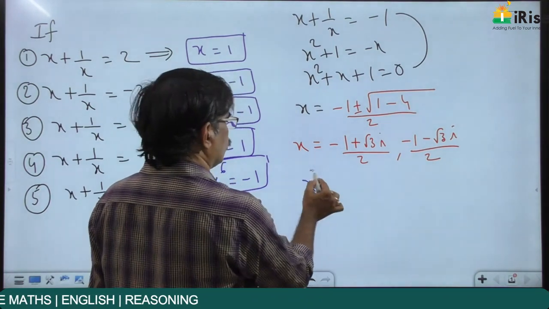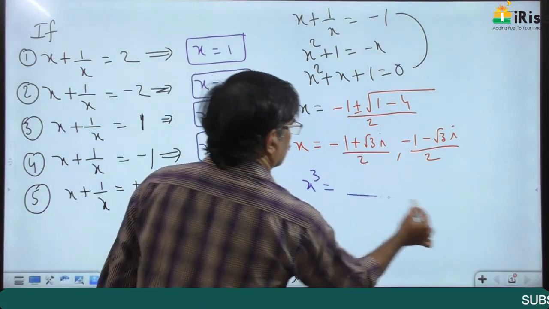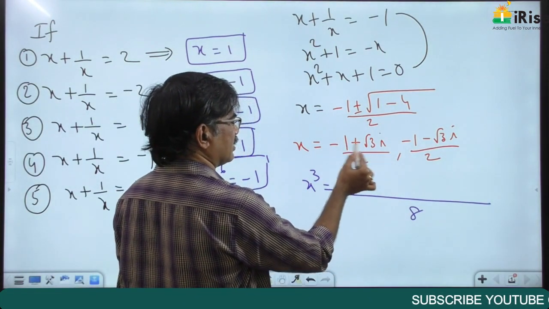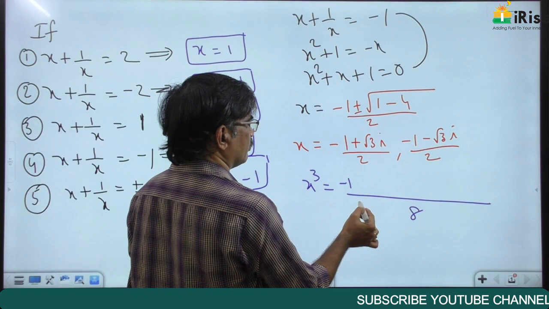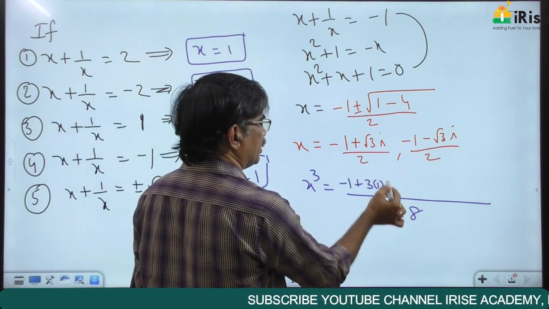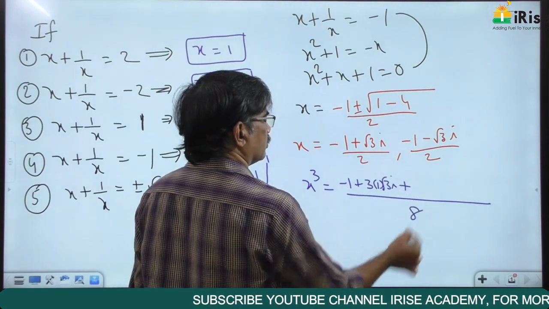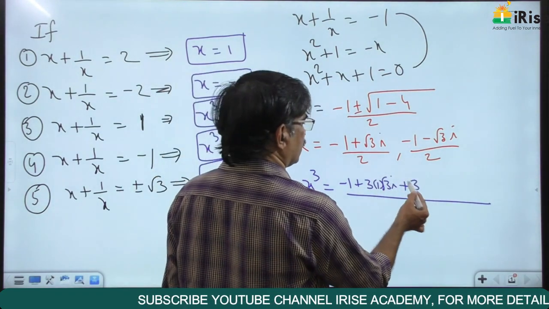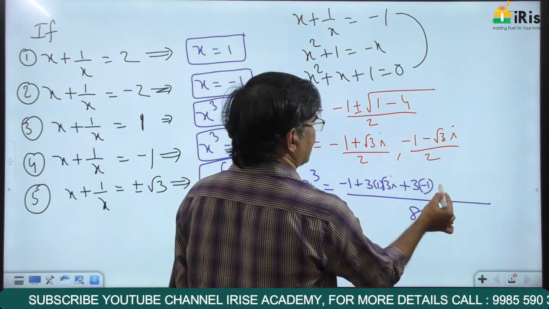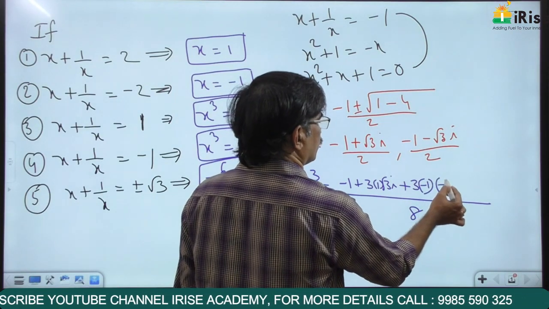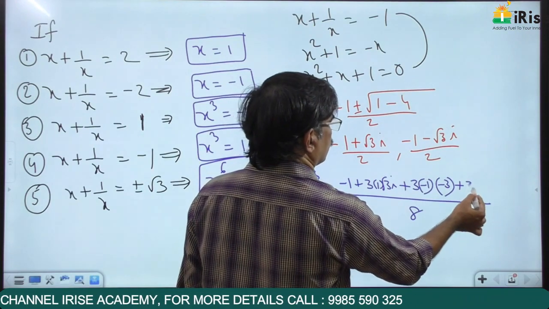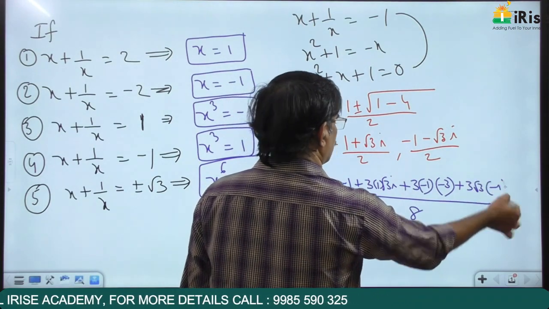If you find x cube, okay, (a plus b), consider this as a, this as b, a cube plus 3a square into 1 into b, root 3i, 3ab square, 3 into a minus 1 into b square is nothing but 3i square is minus 1, so minus 3, plus b cube, root 3i into root 3i into root 3i, 3 root 3 i cube is minus i.